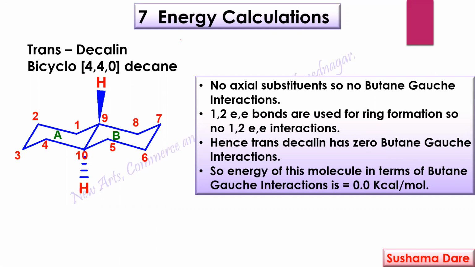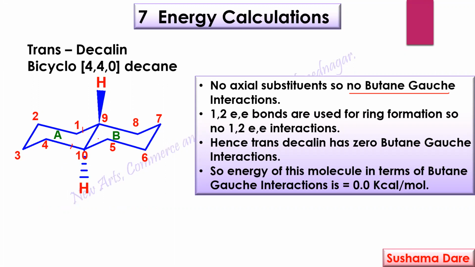Now the energy calculations. Let us start first of all with the trans-decalin system. In the trans-decalin system, as there is no actual substituent, there is no butane-gauche interaction. One more thing: in cis-1,2-dimethylcyclohexane, we always consider the 1,2-EE energy. But in this case, we are not going to consider this as a 1,2-EE interaction, because these bonds are required for the ring formation.